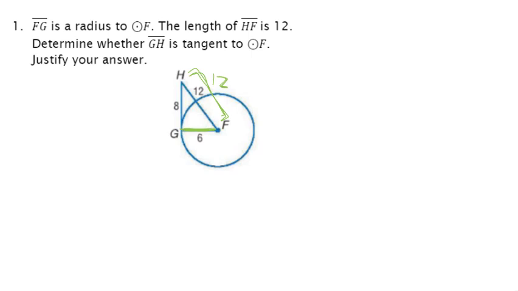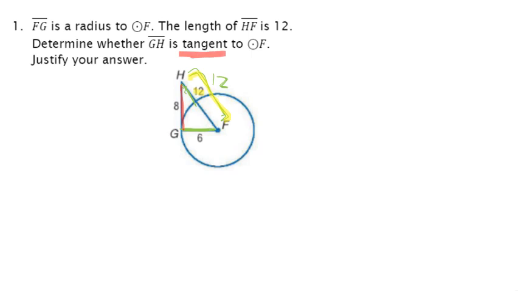If they don't name the whole segment, they might have meant only this little piece. But since they named it HF, we know this whole thing was 12, not just that little piece. We then have to determine whether this segment HG is a tangent segment.